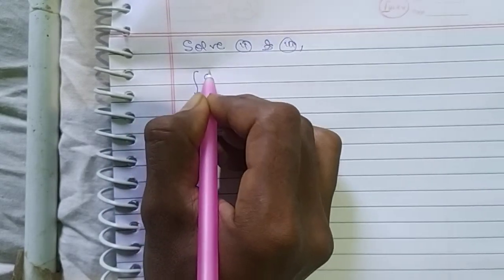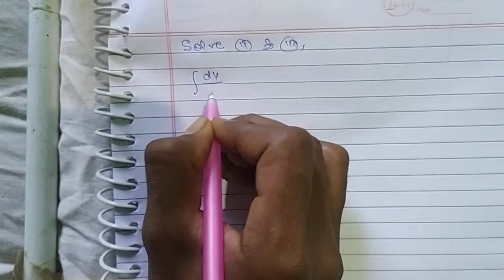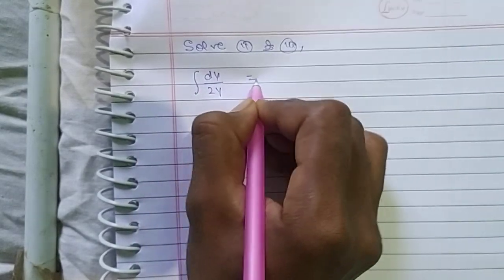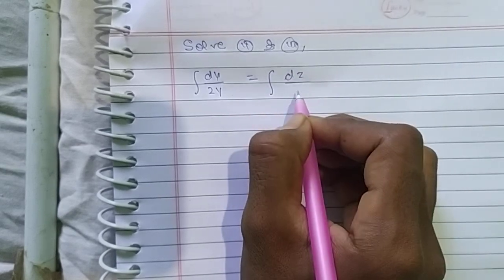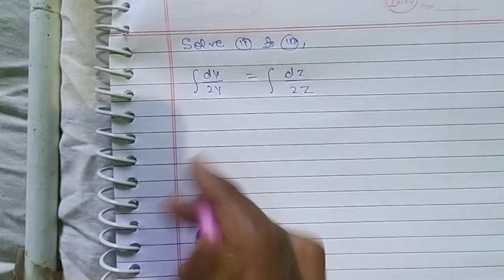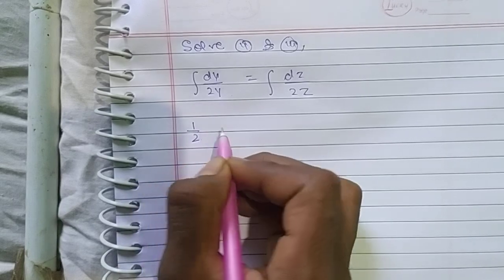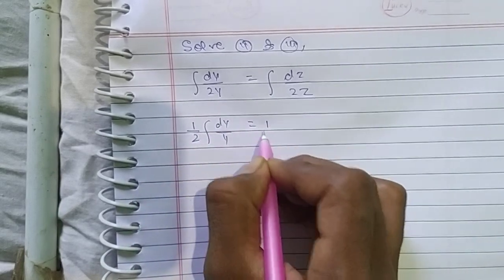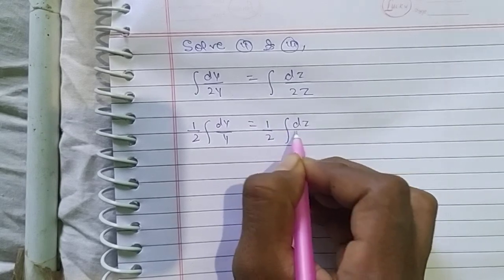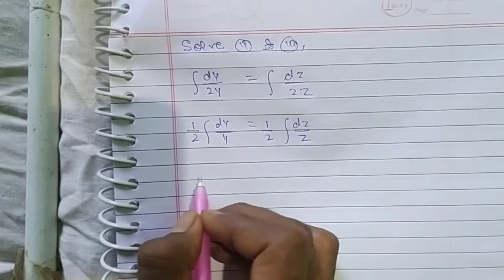We have dy by 2y and dz by 2z. Simple. 1 by 2 outside, then we get dy by y, 1 by 2 outside, dz by z. Simple integrations we have to do.